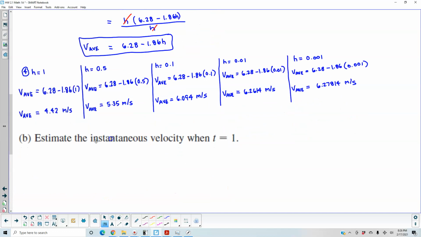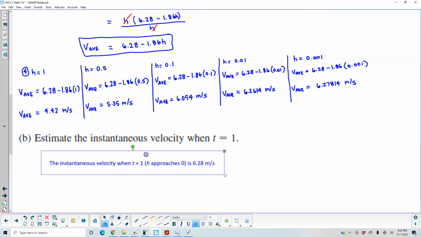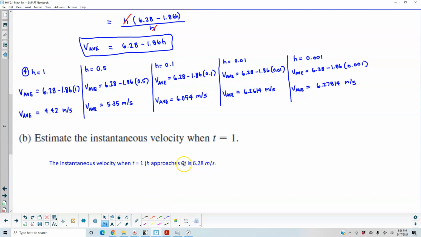So now the question is, estimate the instantaneous velocity when t is equal to 1. Well, as you can see here, from when h is 1 to 0.5, 0.1, 0.001, as h is approaching 0, the instantaneous velocity when t is equal to 1, as h approaches 0, is 6.28 meters per second.